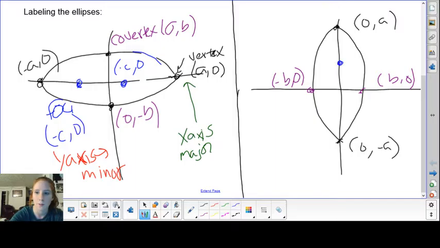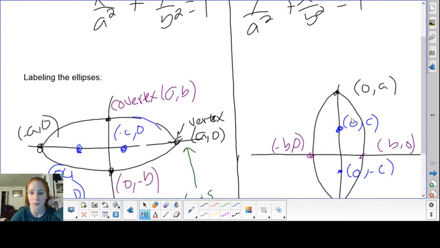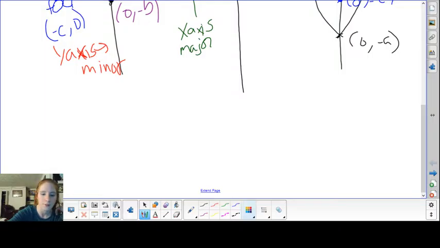My foci are at (0, c) and (0, negative c). If you notice from our picture to our equations, we see a and b in the equations, but we don't see c. C is derived from b squared equals a squared minus c squared.